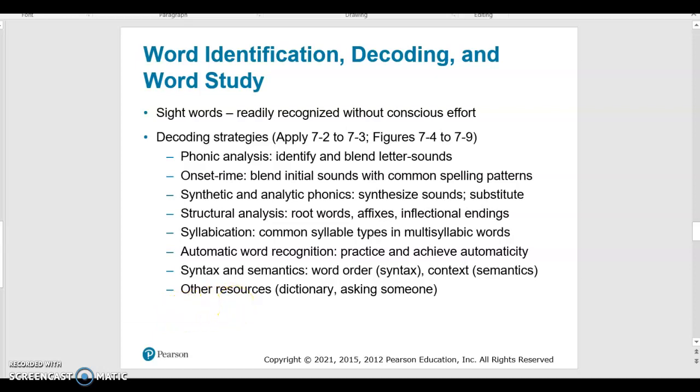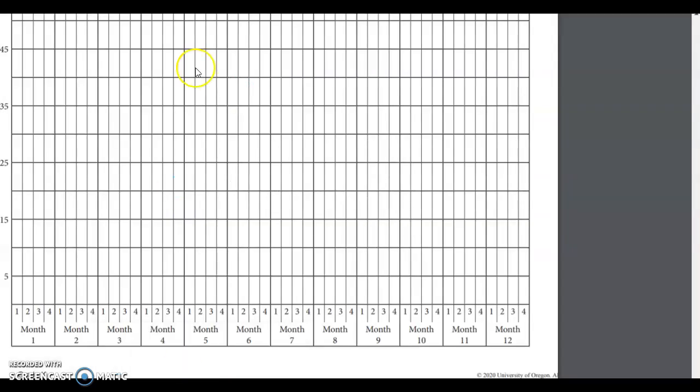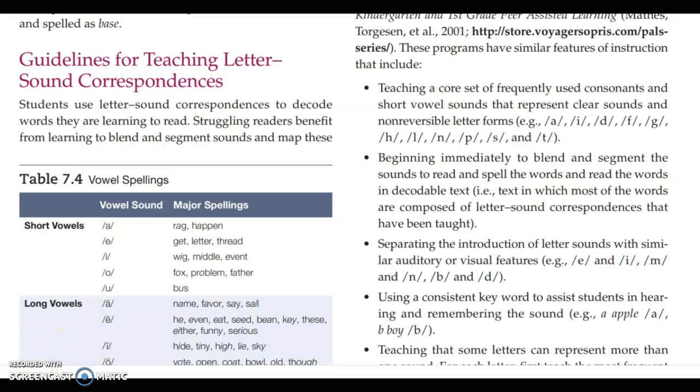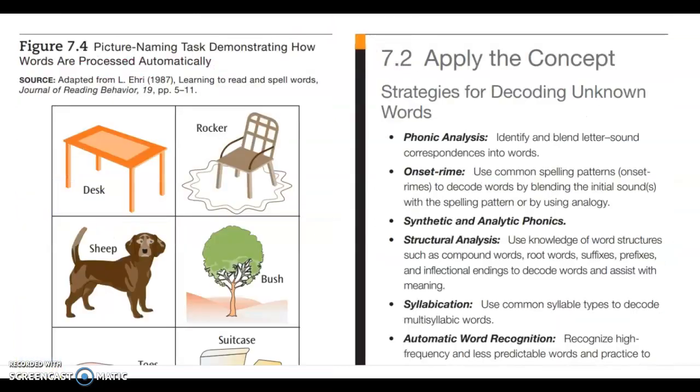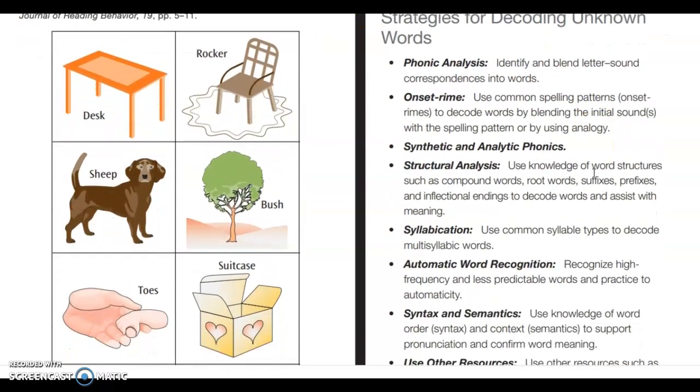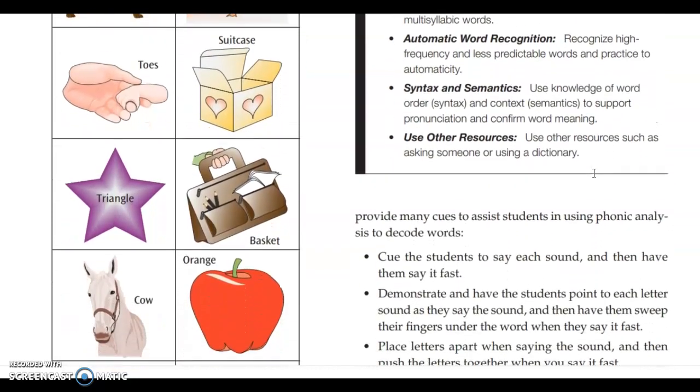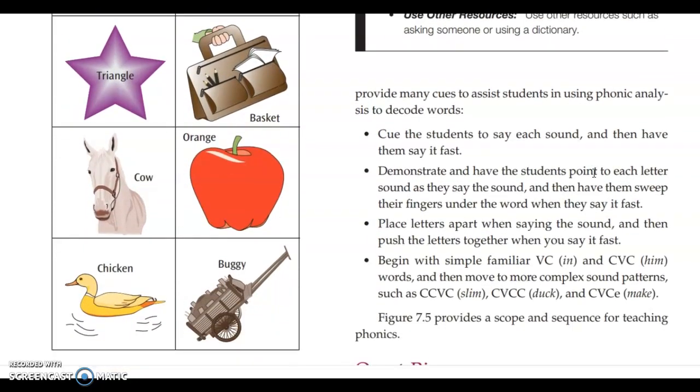Okay, so again, if you go into the textbook, Apply 7.2. Okay, sorry, I paused it just for a second because I wanted to get to 7.2, which is on page 190. There's identify and blend letter sound correspondences. So it gives you a little more information about what each of those strategies mean, what they might look like.